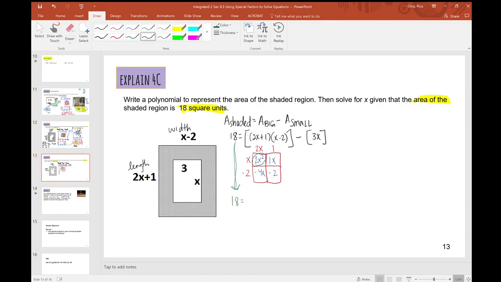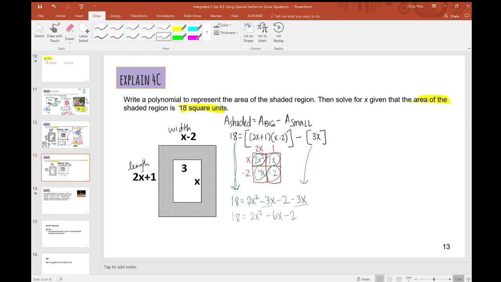Let's put everything together. We have 18 equals 2x squared, negative 4x plus 1x is negative 3x, minus 2, and then we have the other 3x. Let's simplify. That's 18 is equal to 2x squared. Negative 3x minus 3x is negative 6x minus 2.